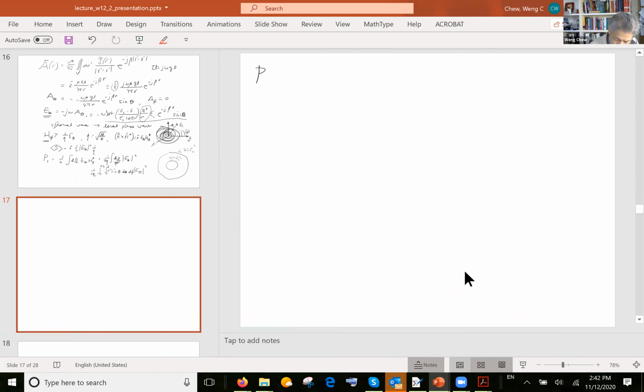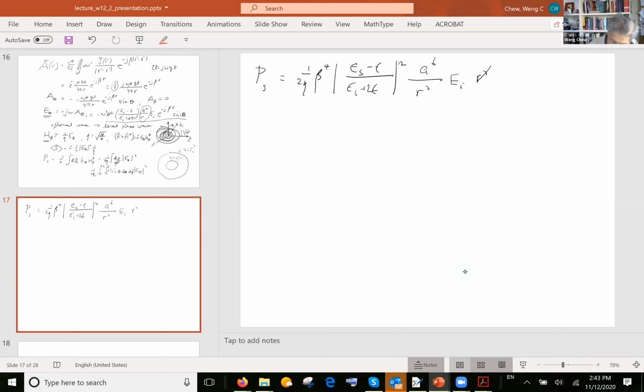So finally, you find that P_S is equal to 1 over 2 eta, beta to the 4th power, magnitude of epsilon_s minus epsilon, with a factor of 2 somewhere, squared, and then a to the power of 6, r to the power of 2, E_i, and then there's an r squared, so the r squared cancel each other. Okay, and then there would be an integration.